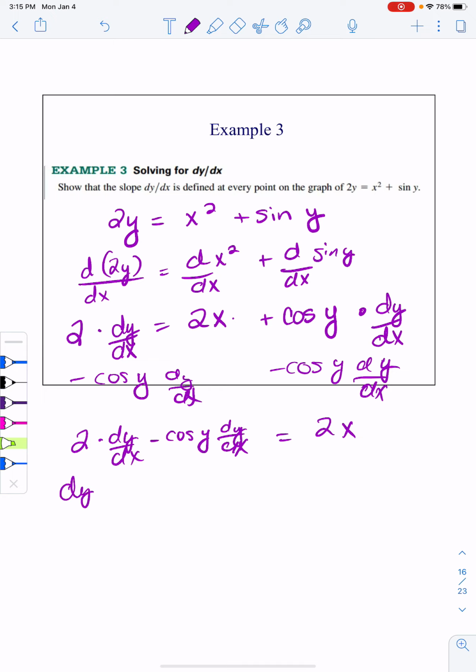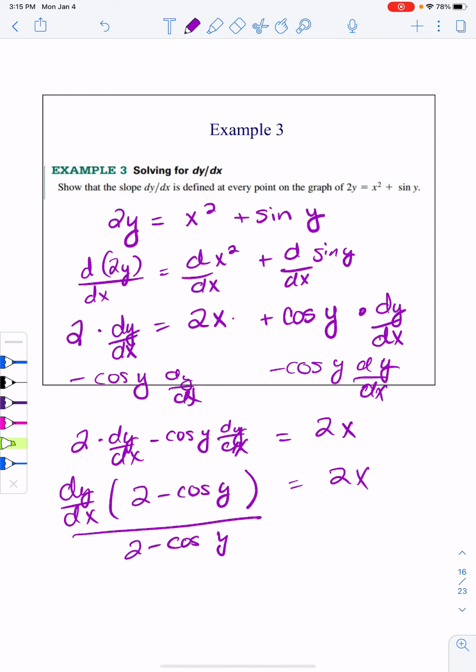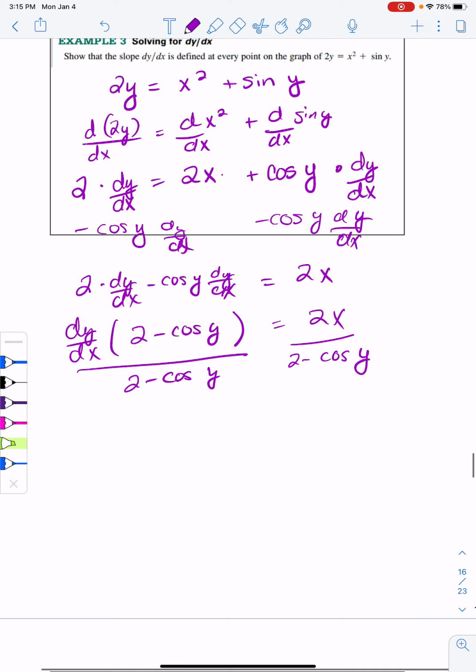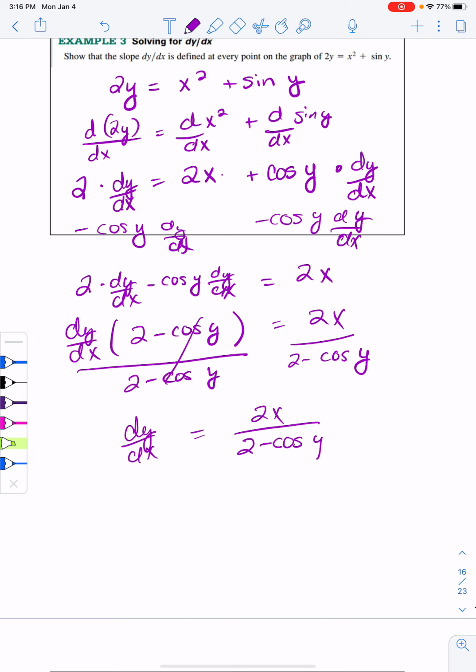Factor out the dy/dx because that's what we're solving for. And then isolate the dy/dx. I'm strongly going to encourage you to show all your steps. Don't shortcut your way to the end of this because you'll get lost and confused. So your derivative with respect to x is equal to 2x over 2 minus cosine y.